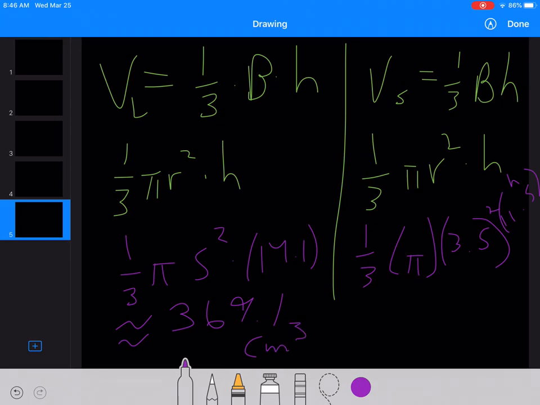The volume on the right is 147.5 cubic centimeters. So we're not done yet. We found the volume of the cups. So now we've got to divide the price by the volume to see what the price is per individual cubic centimeter.